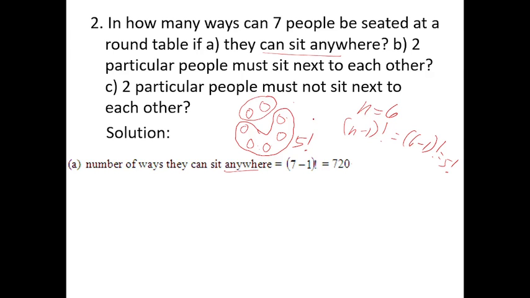Pero meron pang consideration dyan. Sa arrangement lang na, let's say, eto si person A, person B. Isang count lang yan, 5 factorial. Pwede sila magbaligtad.